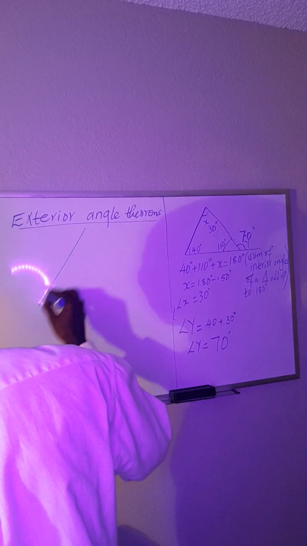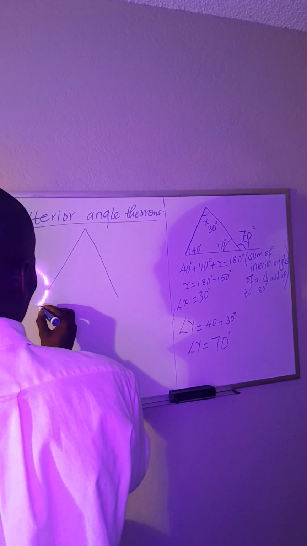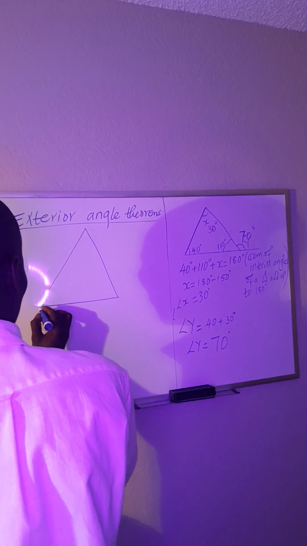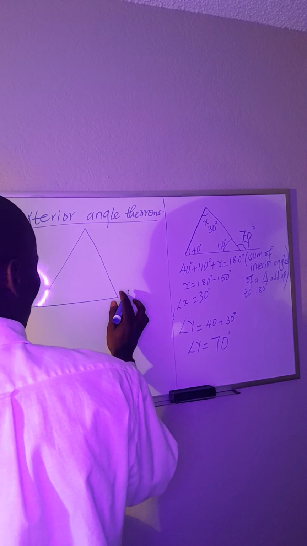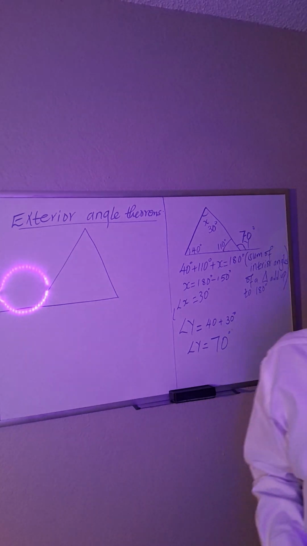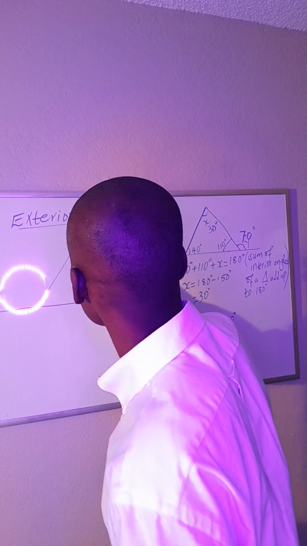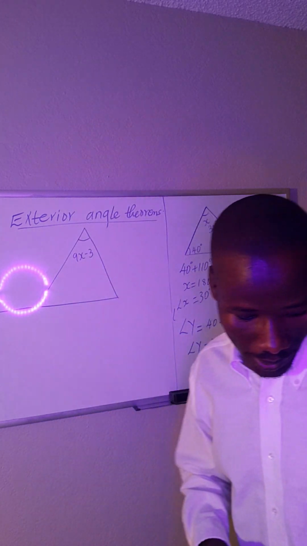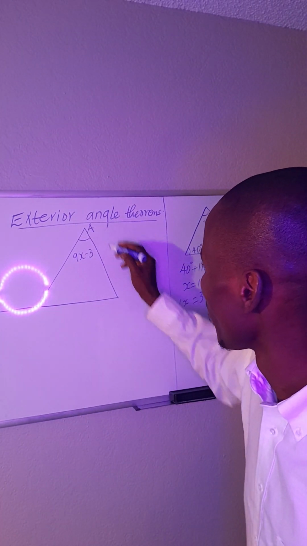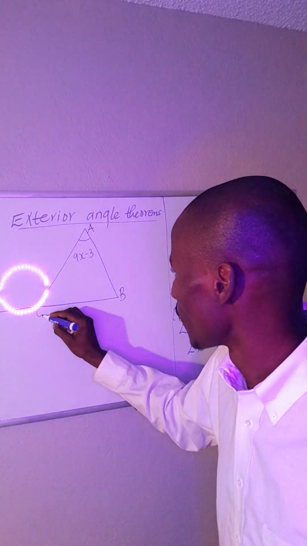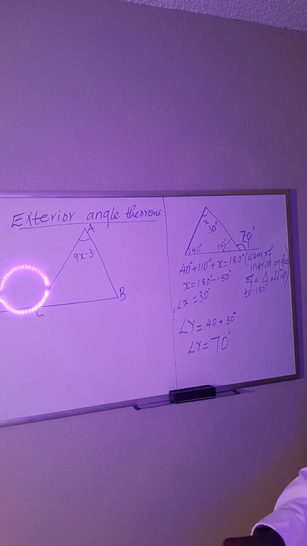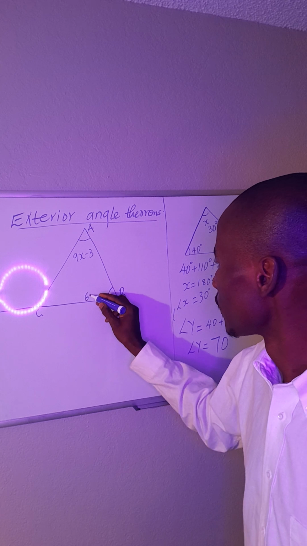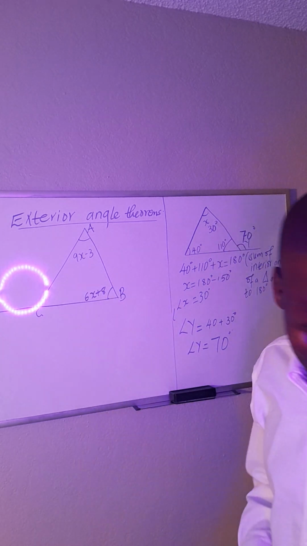So this is how I draw my diagram. These are the angles I have here. This angle here, I label as 9x minus 3. This is angle A, angle B, angle C. Then this one here is 6x plus 8.